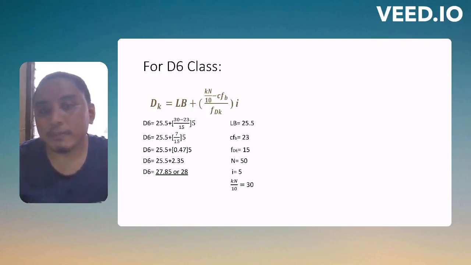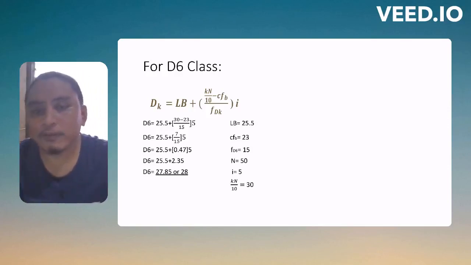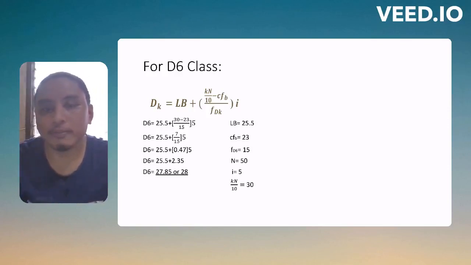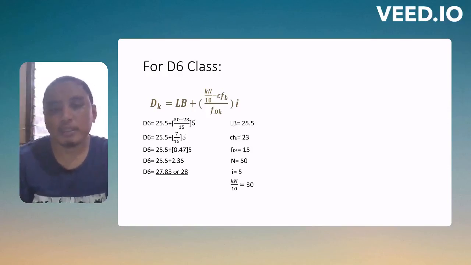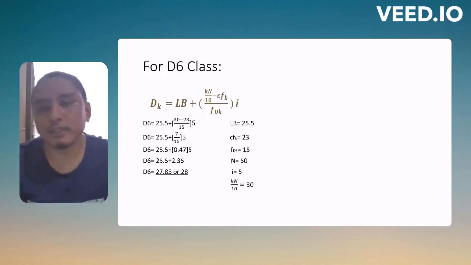So 25.5 plus 0.47 multiplied by 5. So we got here D6 is equal to 25.5 plus 2.35. So 25.5 plus 2.35 is equal to 27.85. We round it off to 28. So our D6 value is 28.